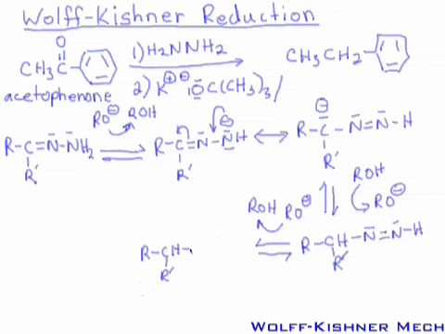We have N double bond N, get another lone pair, that ends now negative. We're set up to kick out a C minus group. Now wait a second, C minus? C minus is a terrible leaving group. It's a super powerful base. Why would you get a C minus?